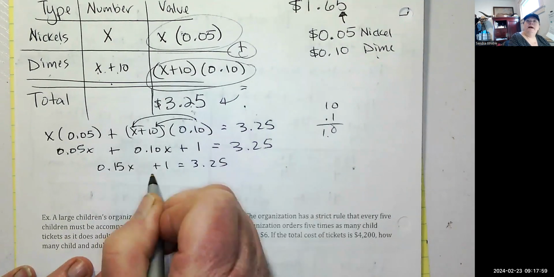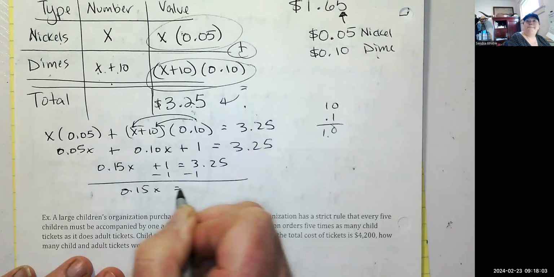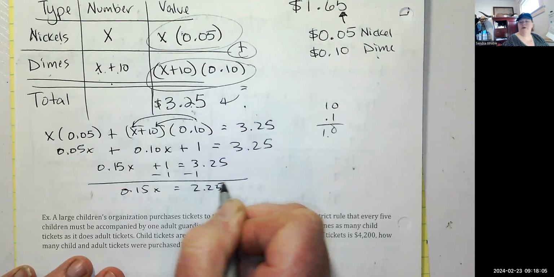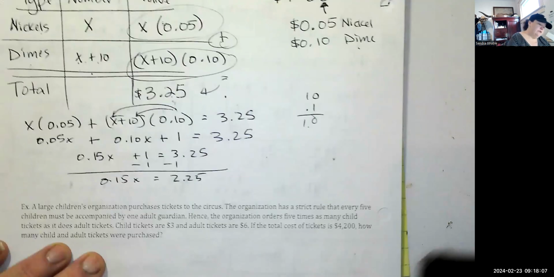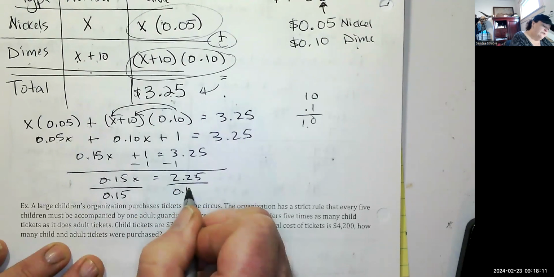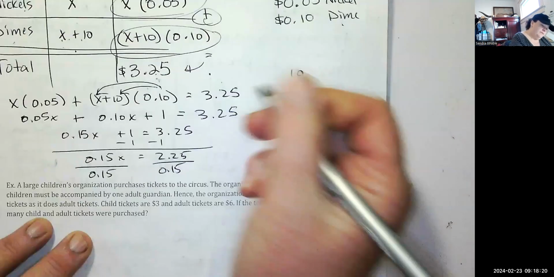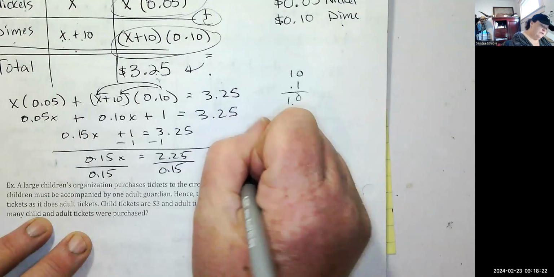And now let's isolate X. $2.25. Okay. And then I need to divide both sides by 0.15. Ripping out the calculator for this one. And that is 15. So X equals 15.